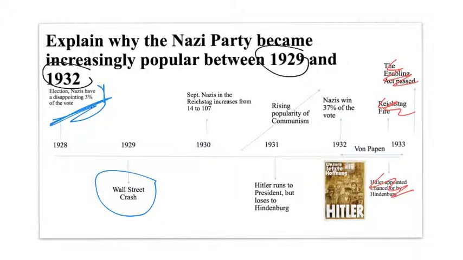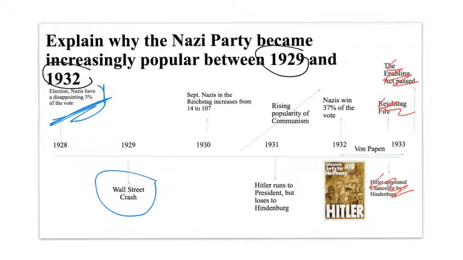As you can see, in 1930, the Nazis are increasing their power from 14 seats in the Reichstag to 107. And then it starts to get a little bit more interesting. So in 1931, you can see that there is a rising popularity of communism in the country. You can see Hitler's running for president and he's losing.